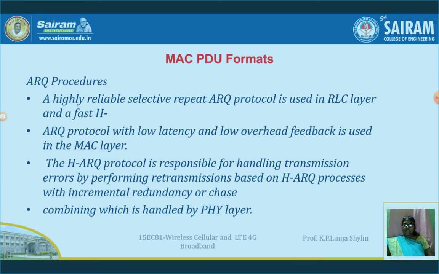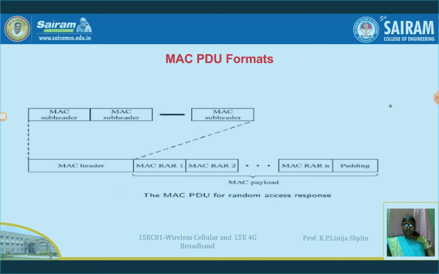Each MAC random access response is of fixed size and consists of 4 fields. Let us see what those 4 fields are. See, these are the things. So it consists of the subheader and MAC responses 1 to 4, all those things.